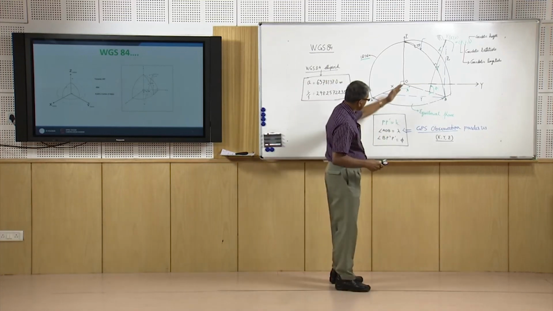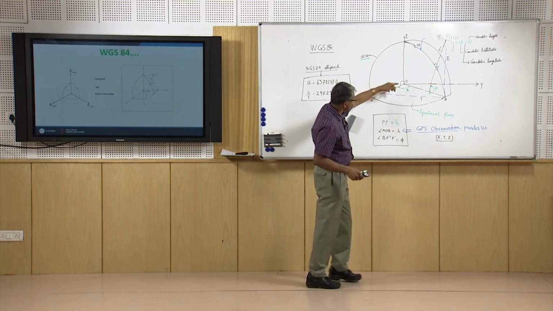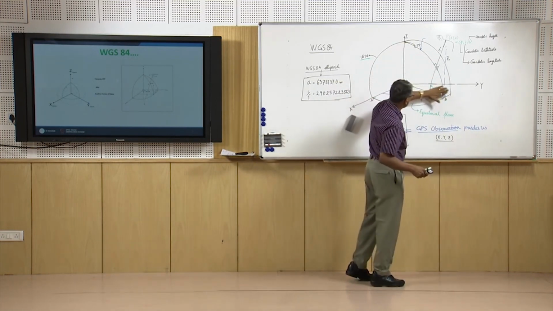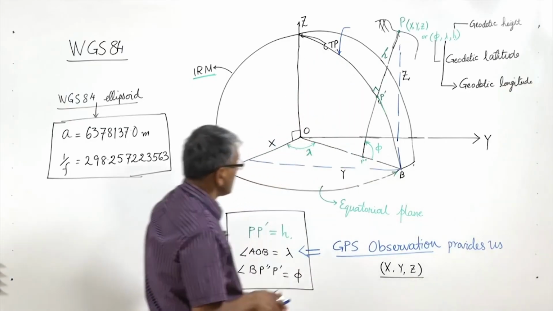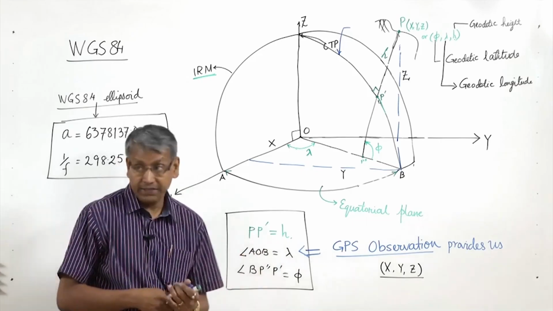For this, the references are the x, y, z axes, and the reference ellipsoid is the WGS 84 ellipsoid, with respect to which we get the height.